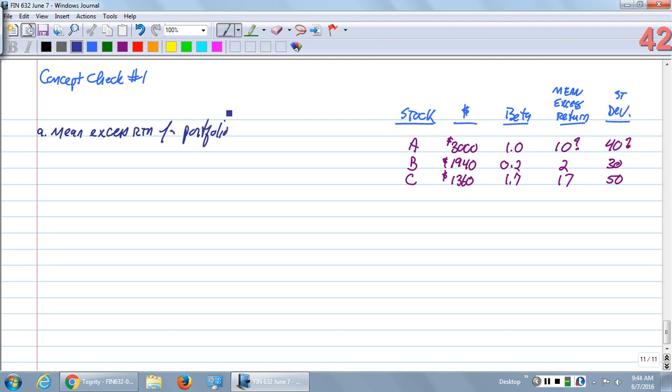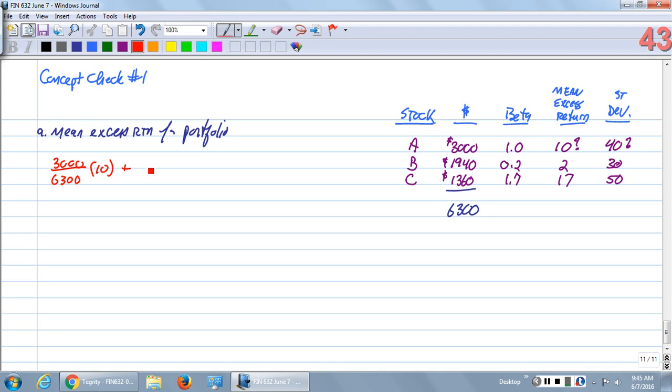Well, the return of a portfolio is a weighted average. So let's see how much money total we have in our portfolio. We've got 3,000, we've got 1940, we've got 1360. Add all that together, we have 6,300. Okay, so we need to calculate the weighted average. So we'll look at stock A first. Stock A, $3,000 of money, so it represents 3,000 of our 6,300, and that has a return of 10.